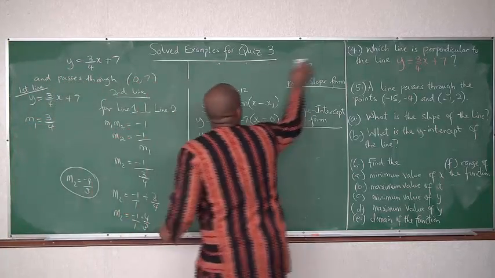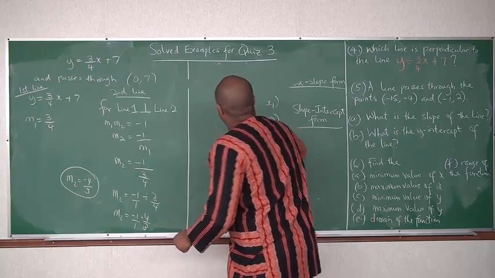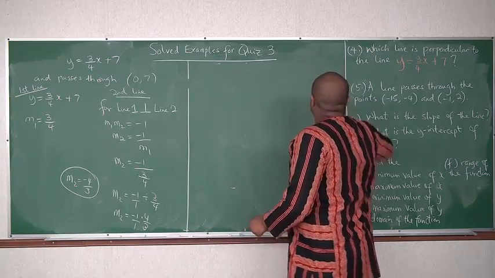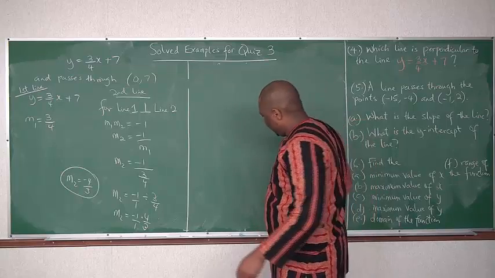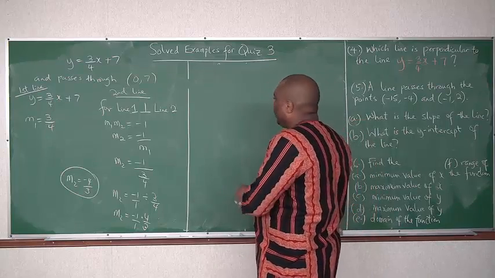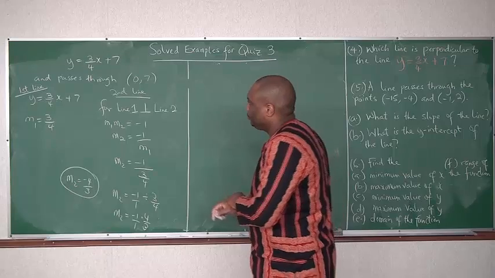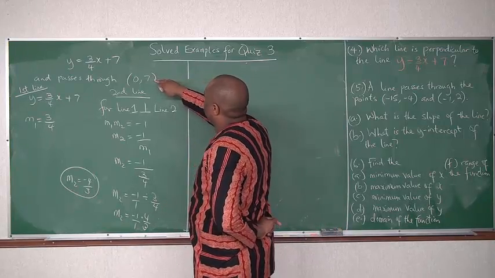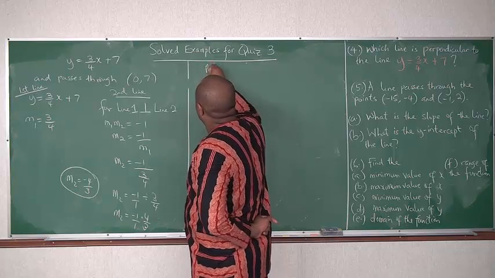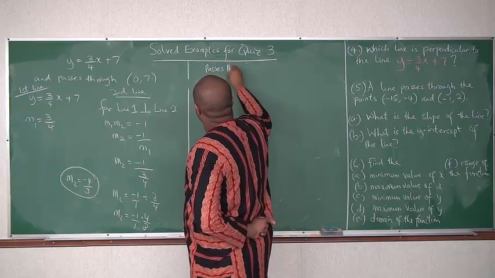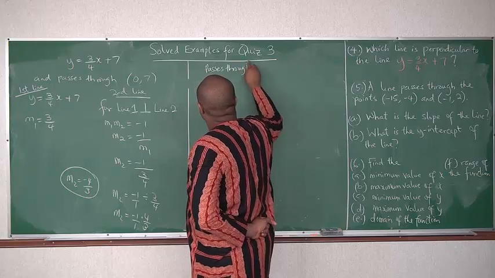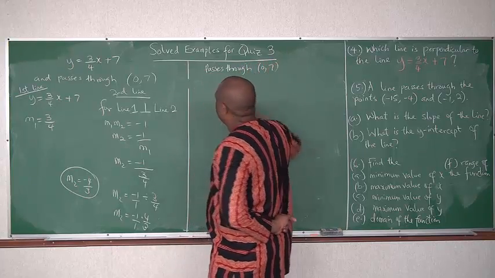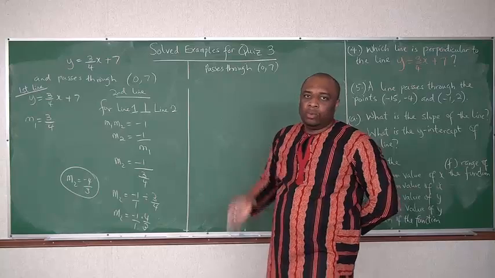Now, what we can do is write the equation of the line, and that will be, if it passes through 0 and 7, what we now have is this.